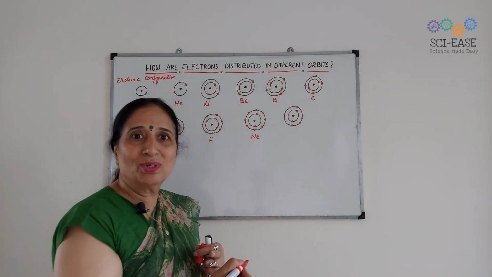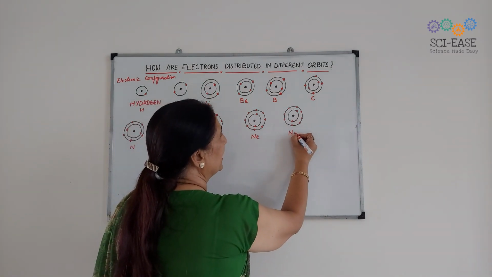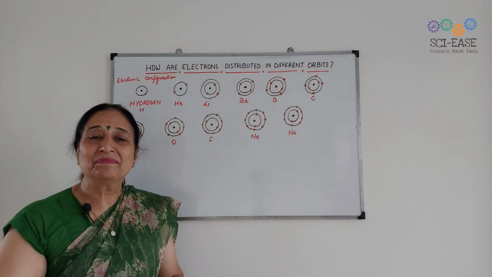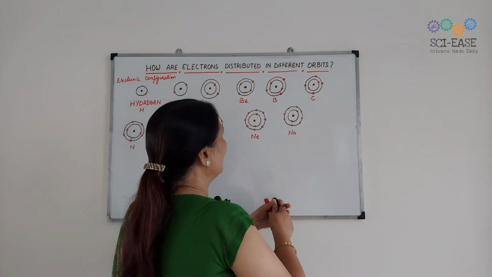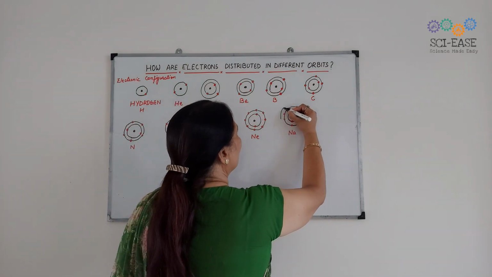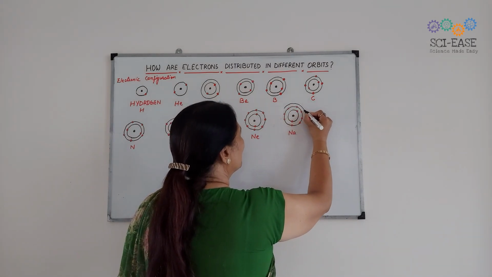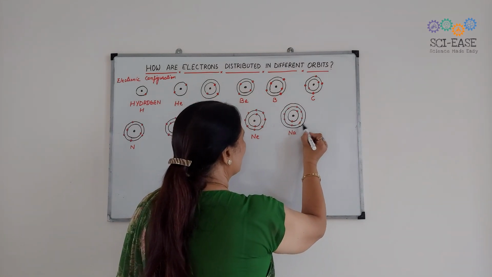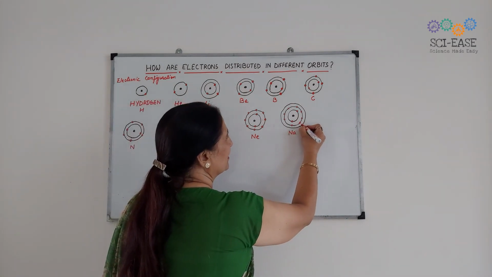Should I put the 9th here also? No. Because the maximum number of electrons that can be accommodated in the second shell is how many? 8. So I will have to put this one electron in the third shell.